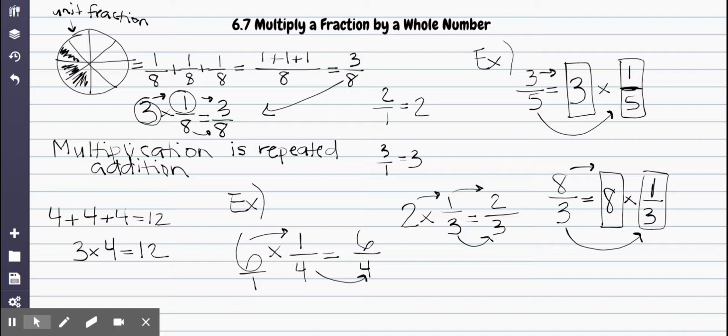So this is the basis for how you multiply a fraction by a whole number and how you go back and forth. So pay really close attention when you see examples, and remember that when we are going from a fraction and splitting it up into the multiplication, this numerator is the whole number, right? That's how many groups out of a total of how many fifths we have.